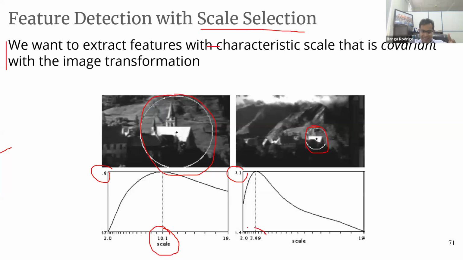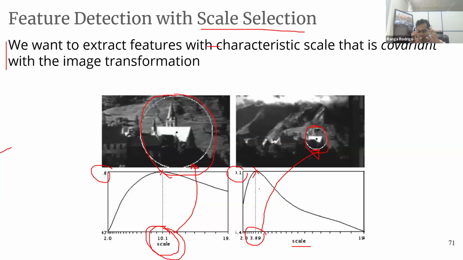For this image, it has responded the highest at 3.89 scale. Because this sort of scale is there, if that corresponds to the radius of this detection, our problem is solved. If we can find the so-called characteristic scale that maximizes some function, our blob detection problem is solved.